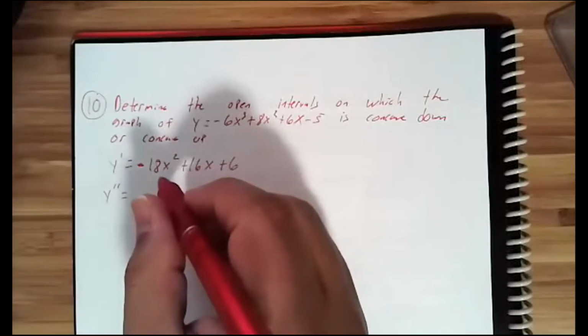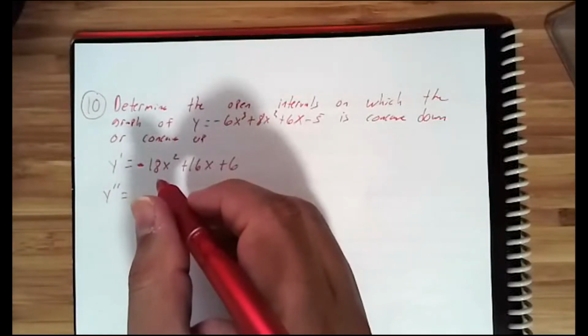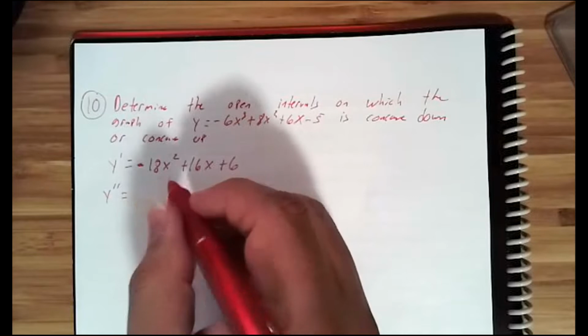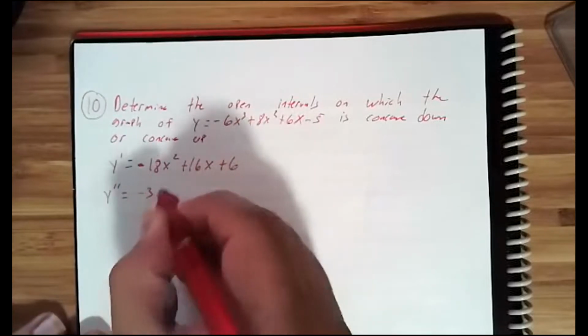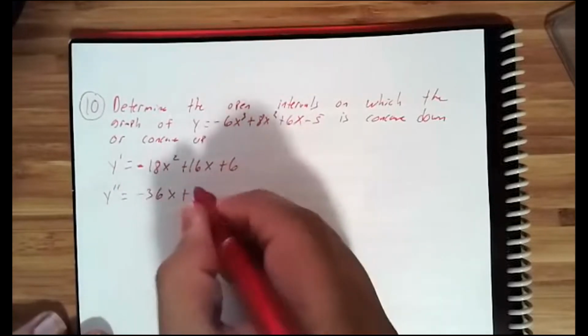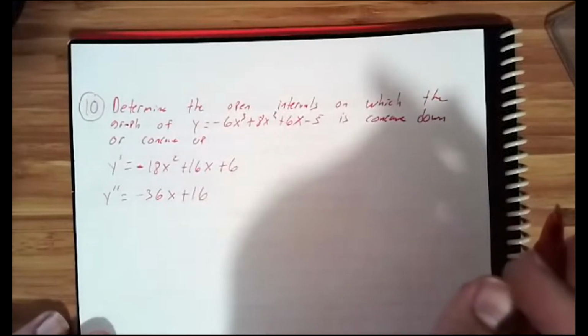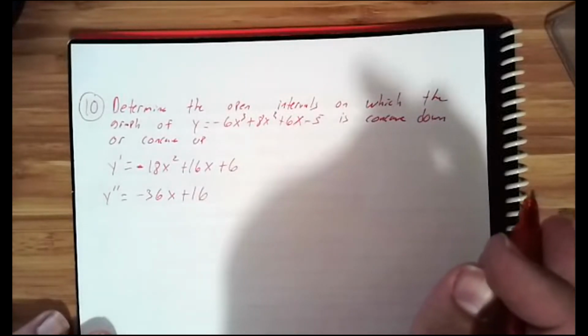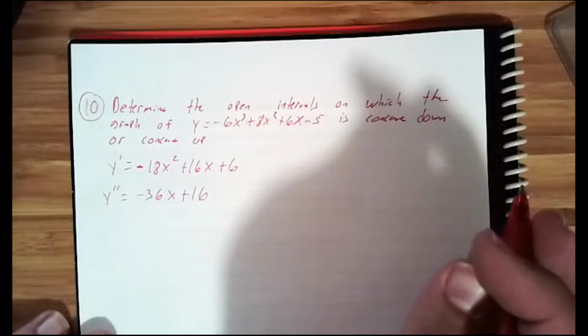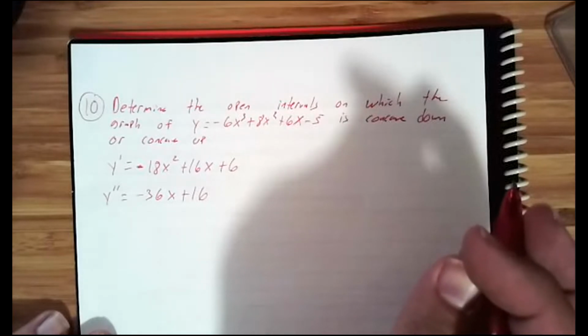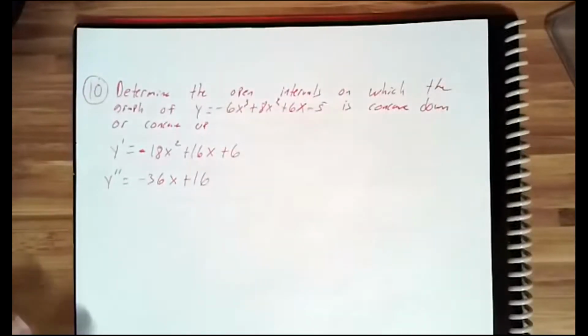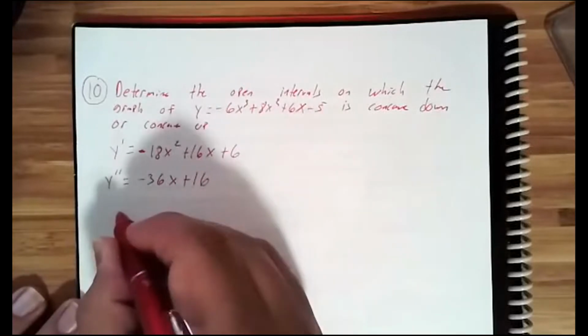Second will be, what is that? 36, right? Negative, yeah, negative 36x plus 16. Interesting.